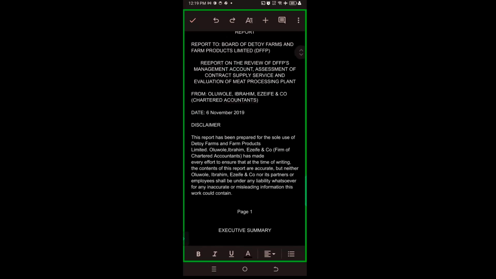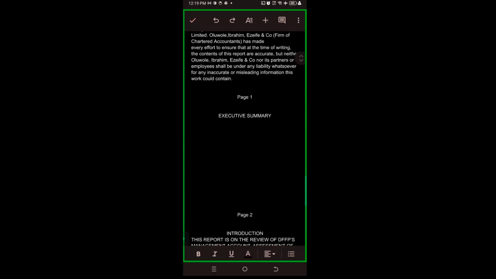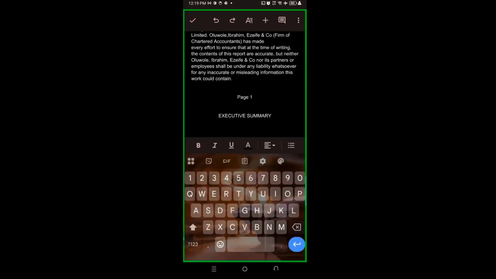So once we are done, what do you do? You come straight to the executive summary. There are 5 things you need to do under the executive summary.